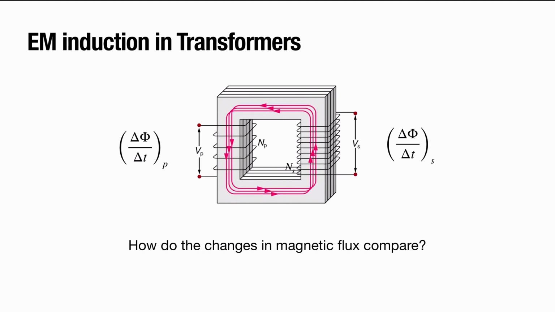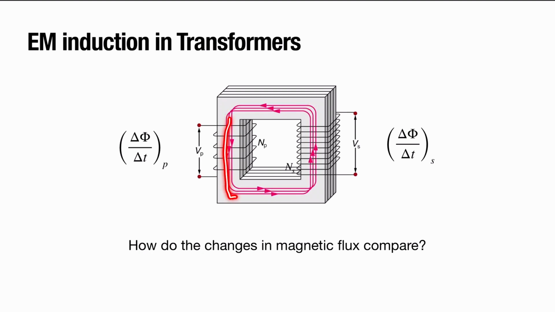Okay, so we have a coil here and a coil this side. Suppose we were to attach this side of the coil to a source. The source will drive current through this wire, but remember, a moving current generates a magnetic field. So we will have magnetic field lines moving through these windings. The pink lines here correspond to the magnetic field lines generated by the current flowing through this coil.